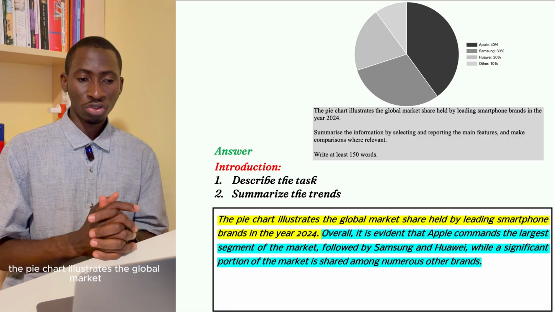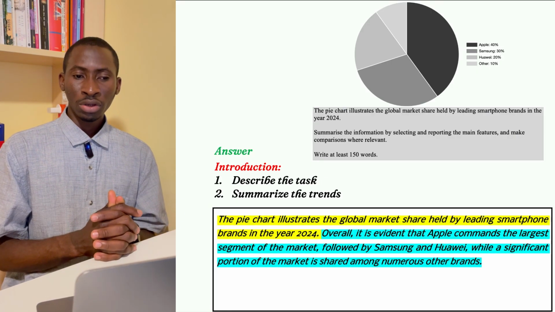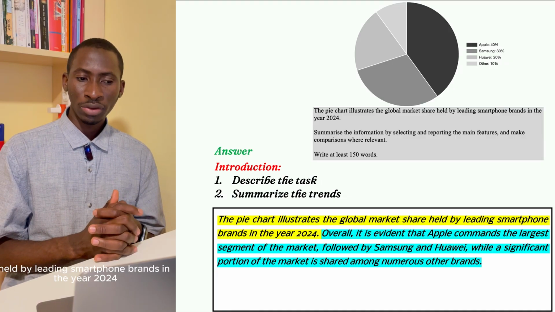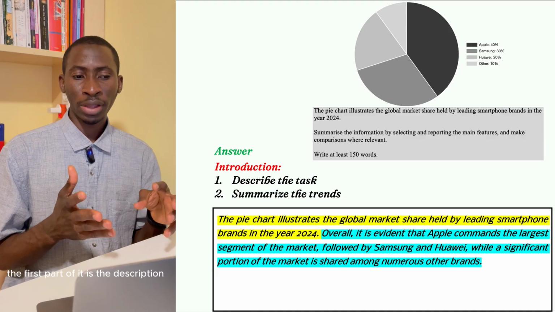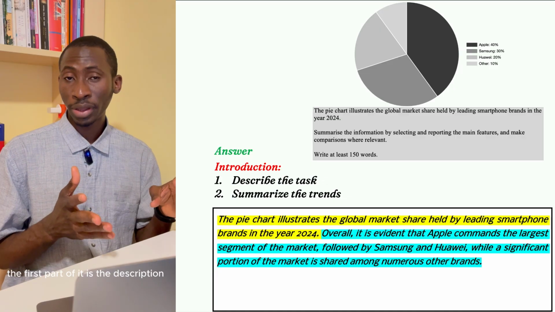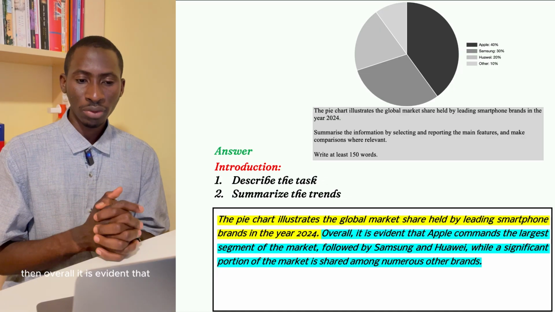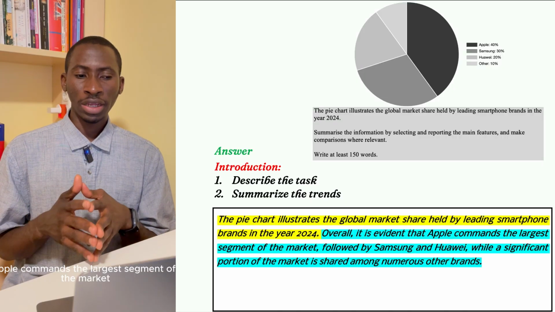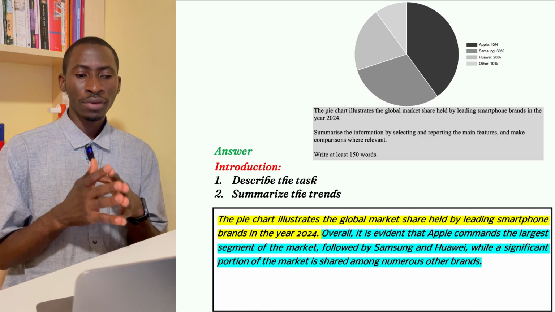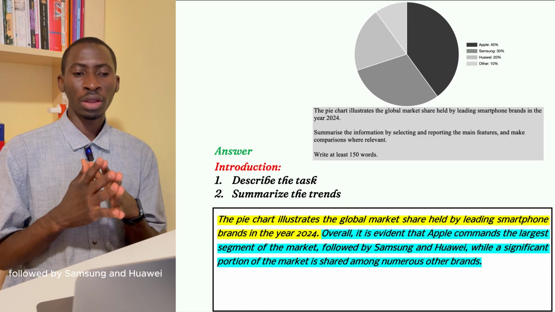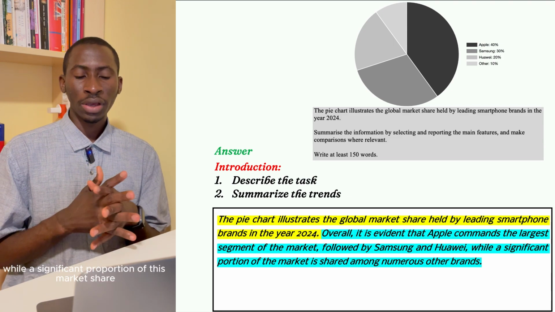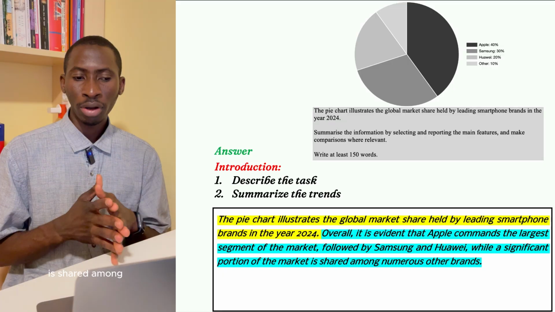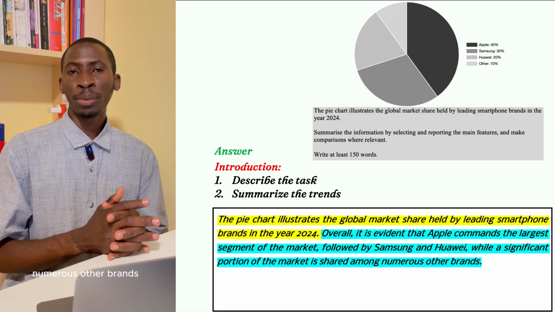The pie chart illustrates the global market held by leading smartphone brands in the year 2024. The first part of it is the description. Then overall, it is evident that Apple commands the largest segment of the market, followed by Samsung and Huawei, while a significant proportion of this market share is shared among numerous other brands.